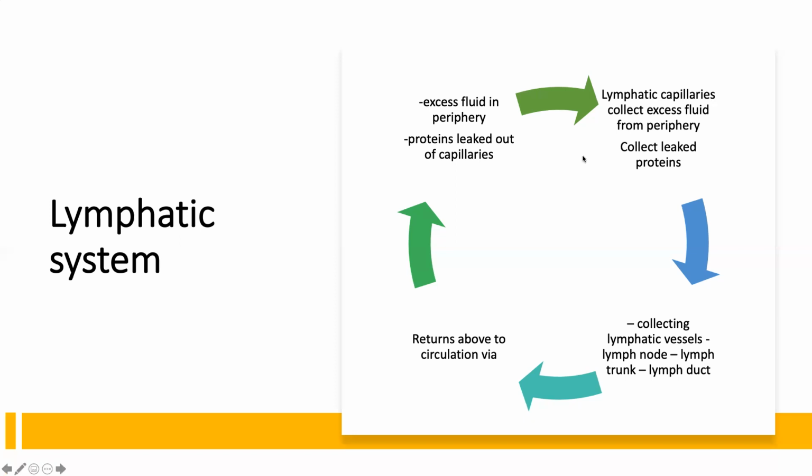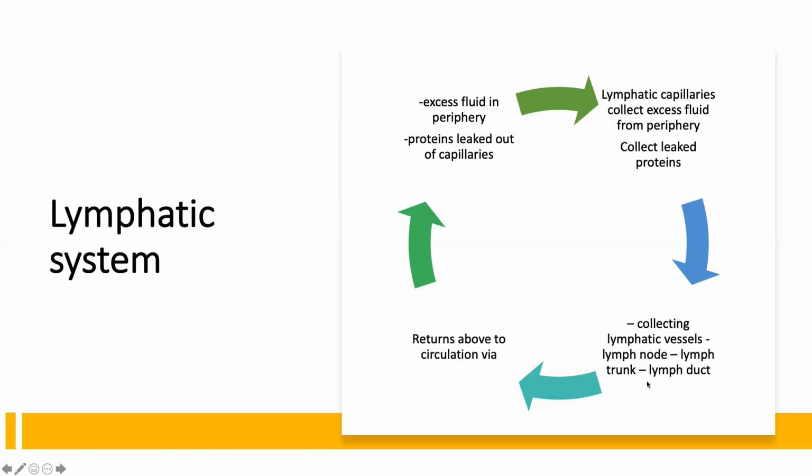These small lymphatic capillaries will collect excess fluid from the capillary level, from the periphery, and then it will be carried along the lymphatic system, along the collecting lymphatic vessels, lymph nodes, lymph trunk, and lymph duct.